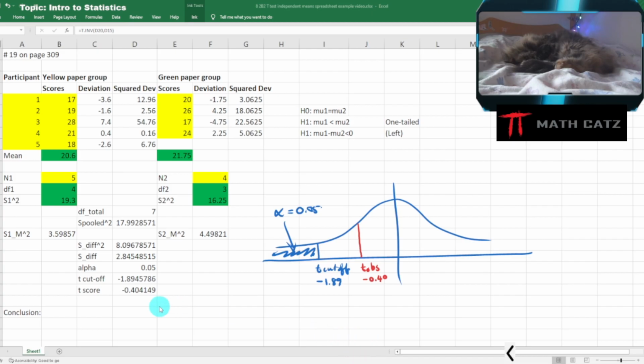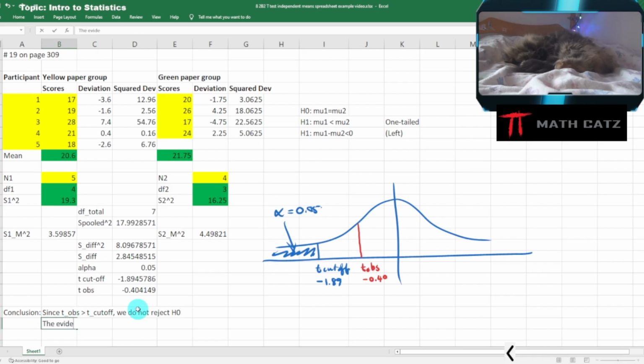So we will type that up real quick and say something like, since t observed, we should make this t observed. That might be better. Observed t-score. Since t observed is greater than t cutoff, we conclude that the evidence, or let's say like this, we do not reject the null hypothesis.